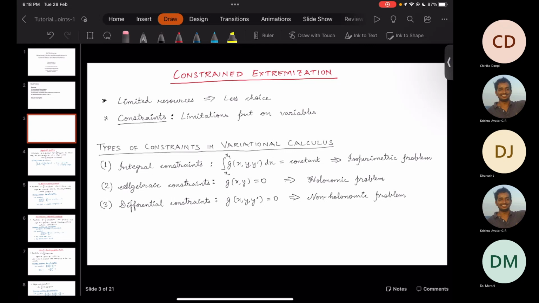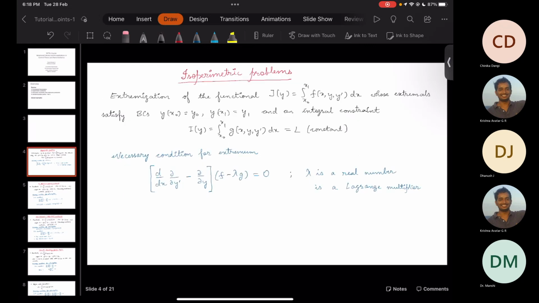Let me start with the first constraint, more as a review. The first constraint is isoperimetric problems.